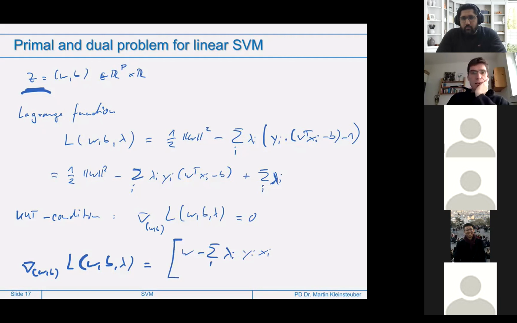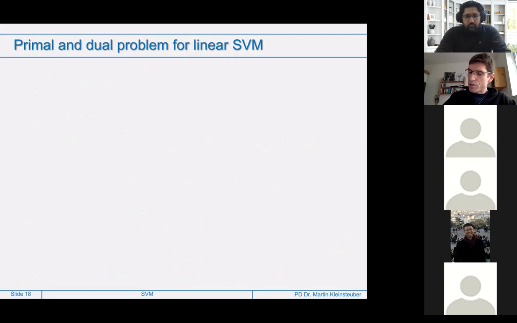Right, so this is a vector in R^p, and we have the sum over I lambda I times yi. So not to get confused here. Okay, well, and that has to be 0. So I mean, each component has to be 0.